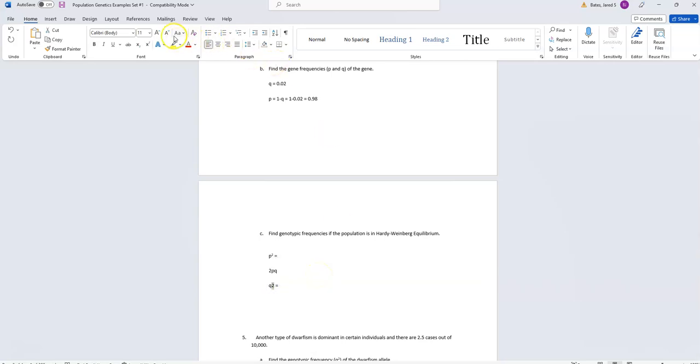For this, I'm just going to say 0.98, square that, and I get 0.9604. For 2pq, this is 2 times 0.98 times 0.02, and that equals 0.0392. And for my q squared, this is just 0.02.